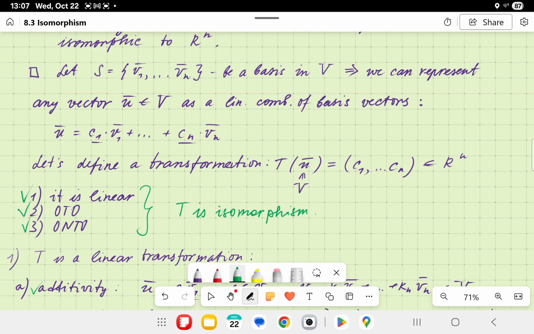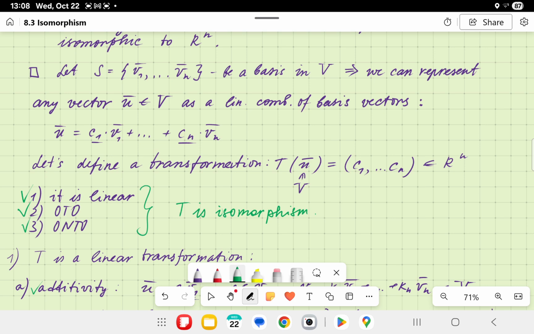Why are isomorphisms good? Well, guys, for Rn, a space of n-tuples, we have a lot of theory and different theorems on how to deal with them, because we developed lots of stuff for them in chapters 1, 2, 3, and even 4.